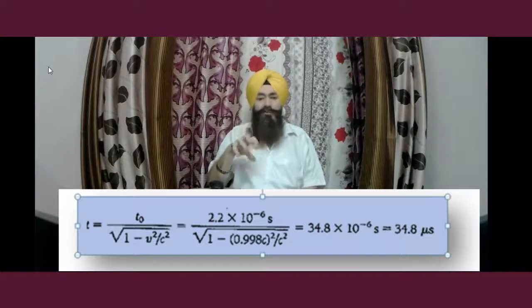And how do we calculate that? By using the formula t equals t naught over the square root of 1 minus v squared over c squared, where t naught is the proper time as observed by the muon itself. Using this relation, the time we observe is not 2.2 microseconds because it is delayed; it is now 34.8 microseconds.